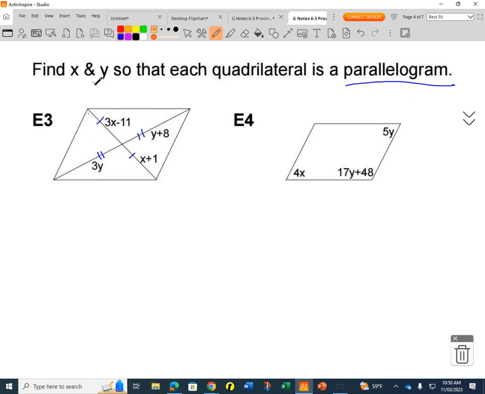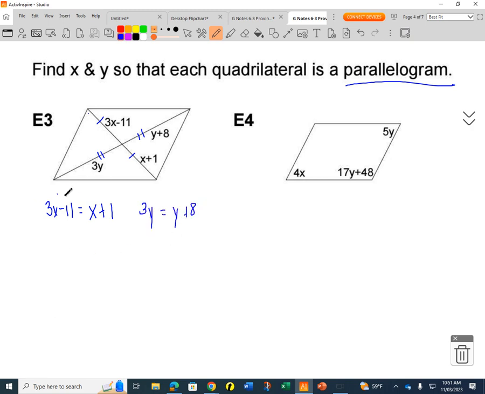This diagonal is split into two segments that have measures using the variable x, so we could write that equation to solve for x. So if this is a parallelogram, 3x minus 11 has to be equal to x plus 1. Also, 3y has to be equal to y plus 8. Both of these things have to be true.